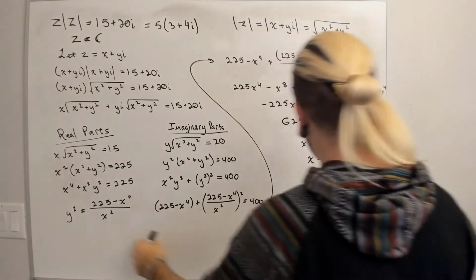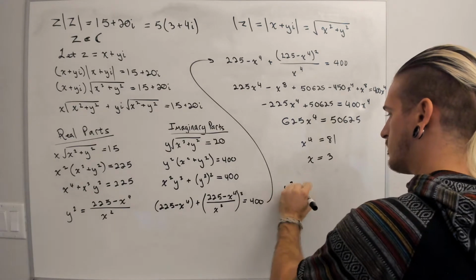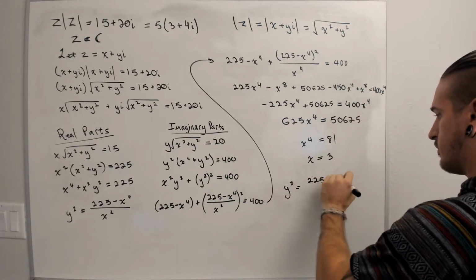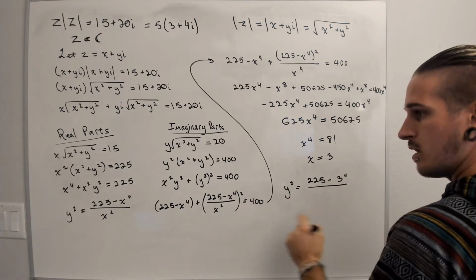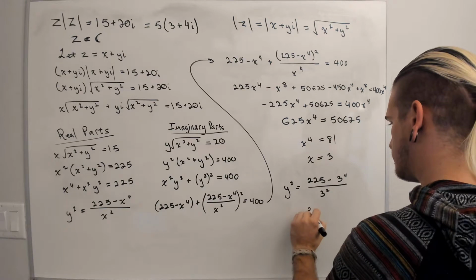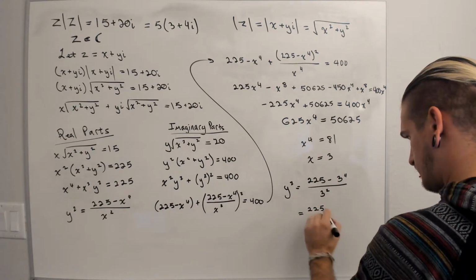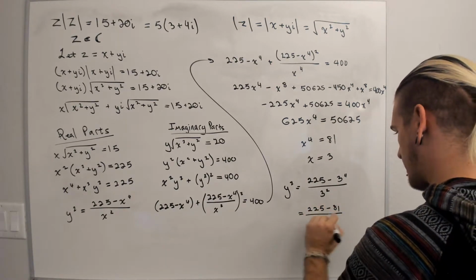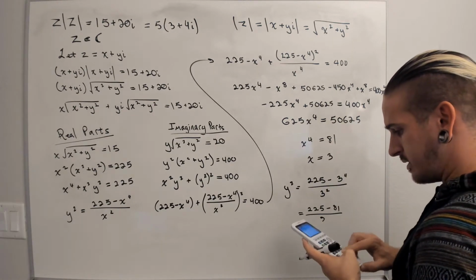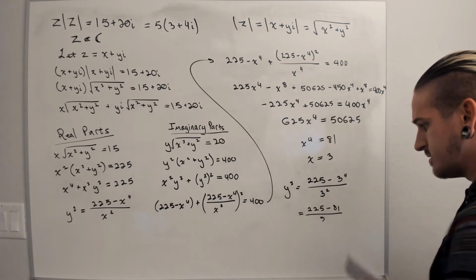Now, if you remember here, y squared equals 225 minus x to the 4th, which would be 3 to the 4th, over x squared, or 3 squared here. So that's 225 minus 81 over 9. 225 minus 81 divided by 9 is 16.